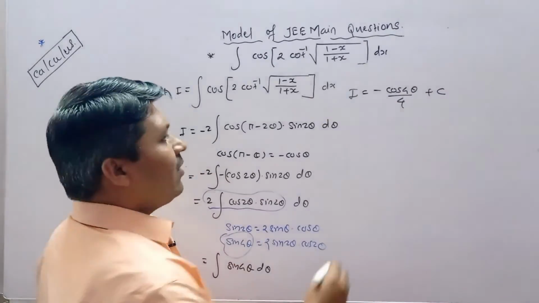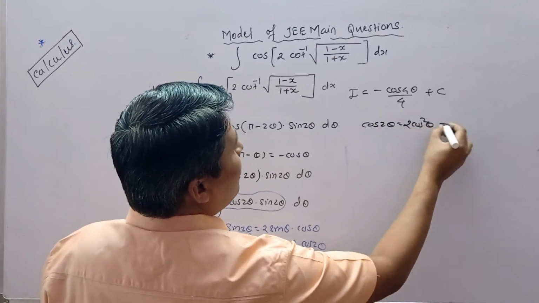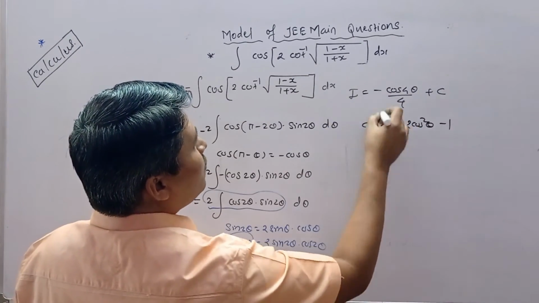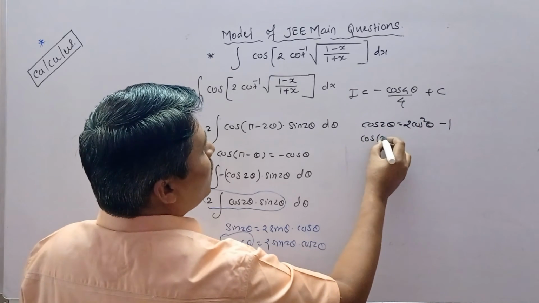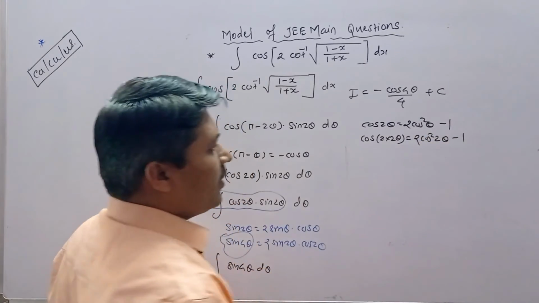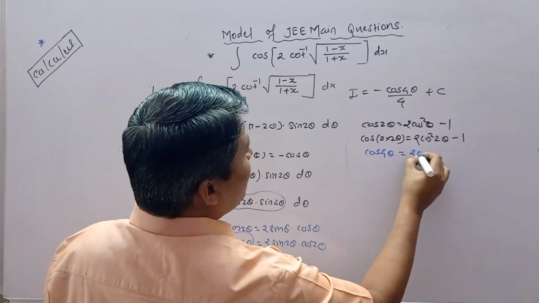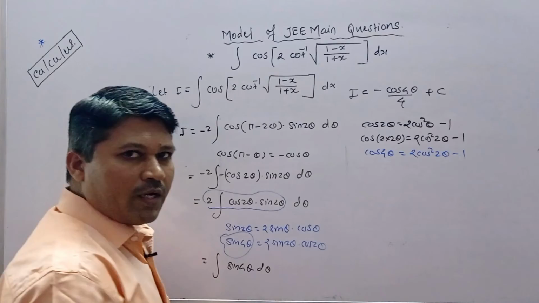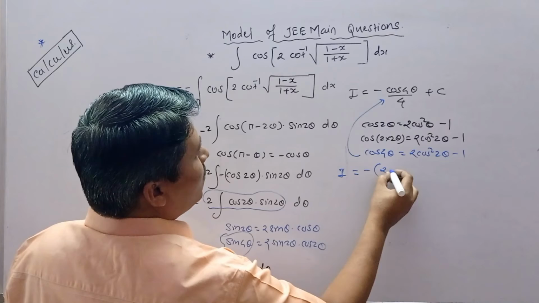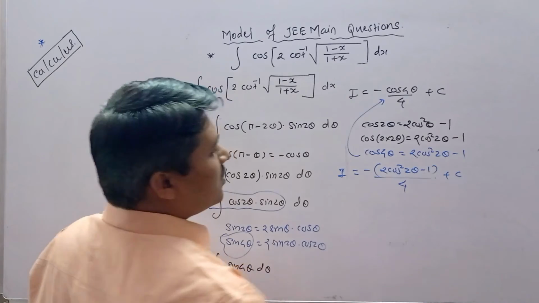We know cos 2 theta is equal to 2 cos square theta minus 1. For the cos 4 theta formula, cos 4 theta is equal to 2 cos square 2 theta minus 1. We replace it: minus (2 cos square 2 theta minus 1) divided by 4, plus the constant.